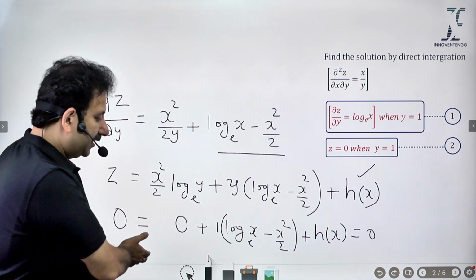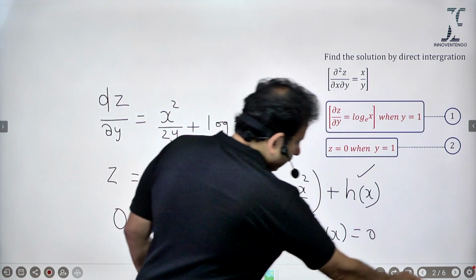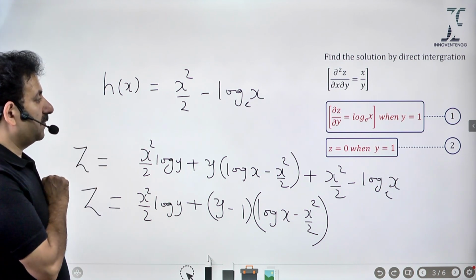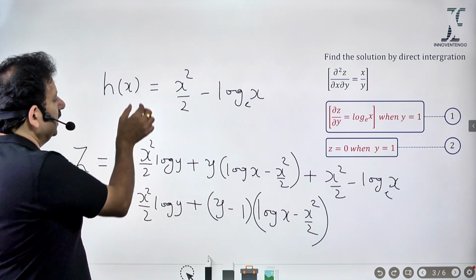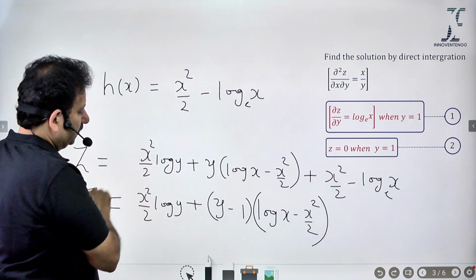Obviously, when you take it to the other side, you get negative of this function. So therefore, you get h of x is equal to x square by 2 minus log x, because you got h of x plus log x minus x square by 2 equal to 0. So I just brought it to the other side.